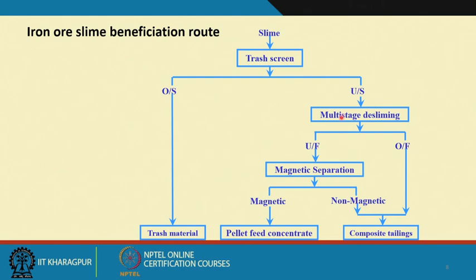The undersized one goes for multi-stage desliming, that means you try to get rid of the clay materials. Then the overflow of that you mix with the non-magnetic materials you get from magnetic separation. The underflow you send to magnetic separation, and again you make a pellet feed concentrate.